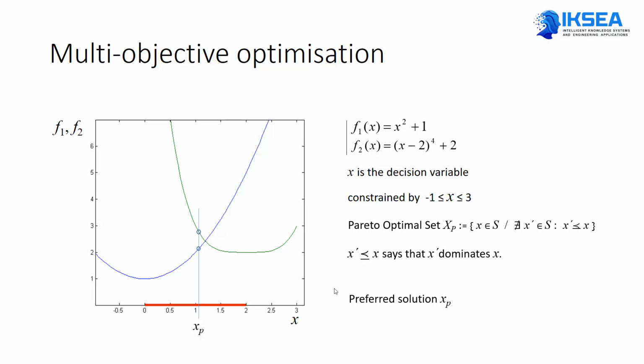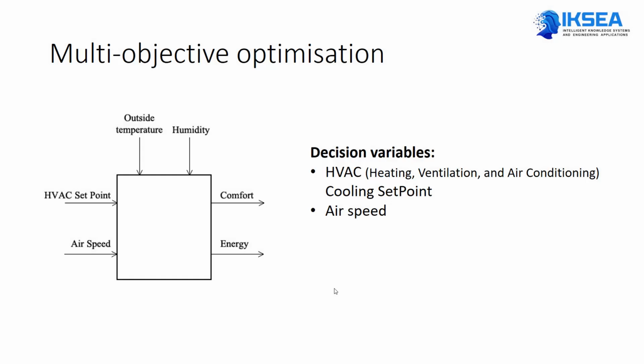It is very common to have more than one decision variable. For example, in the optimization of the use of air conditioning, shortened HVAC, we have two decision variables, the cooling set point and the air speed in the room.